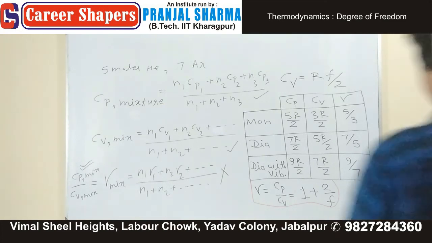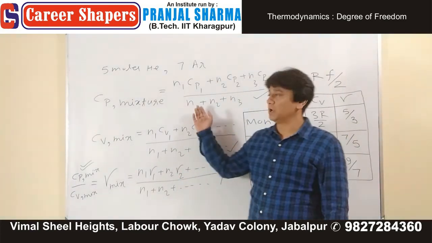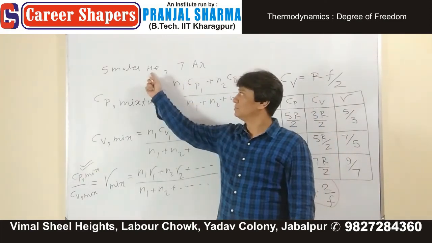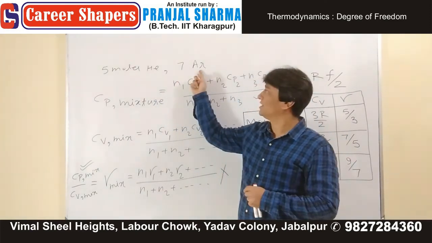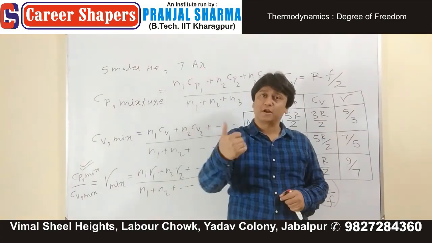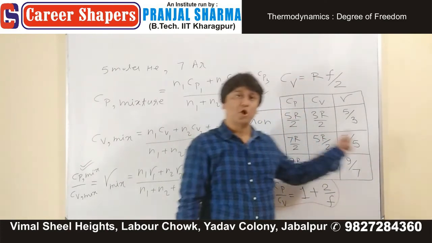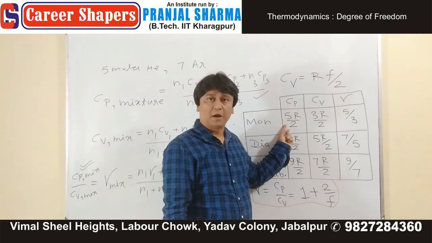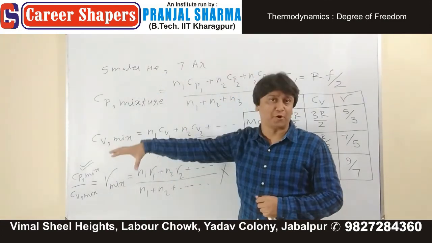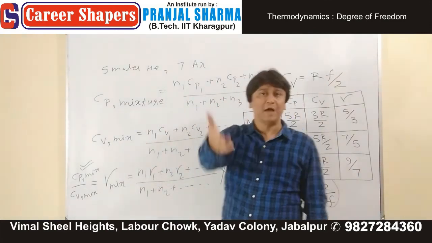Well, you are taking too long. You're not supposed to use this formula. Why? Because this is monatomic, and this is another monatomic gas. For every monatomic gas, Cp, Cv is the same. What is Cp of a monatomic gas? 5R by 2. So what is Cp of the mixture? Who will use the formula? Even if you do that, you will get the same thing.